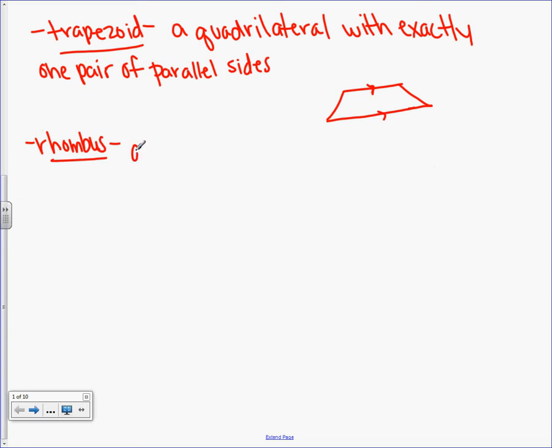That's a parallelogram. And again, let's remember what that is. A parallelogram has both pairs of opposite sides parallel. So it's a quadrilateral again with both pairs of opposite sides parallel. A rhombus is a parallelogram with all four sides congruent.